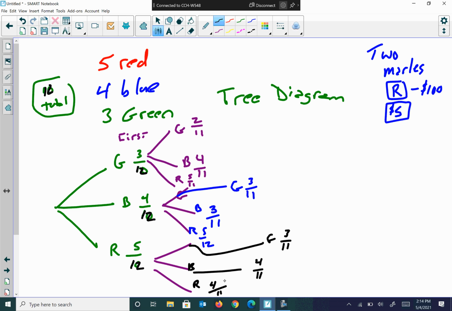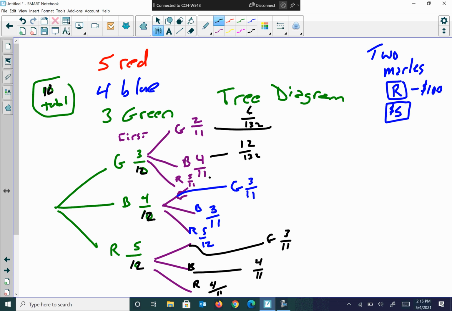So what you want to do is you're going to multiply each branch together to figure out the probability. So the probability of you pulling a green and a green is going to be 6 out of 132, because 12 times 11 is 132. Pulling a green then a blue is going to be 12 out of 132.